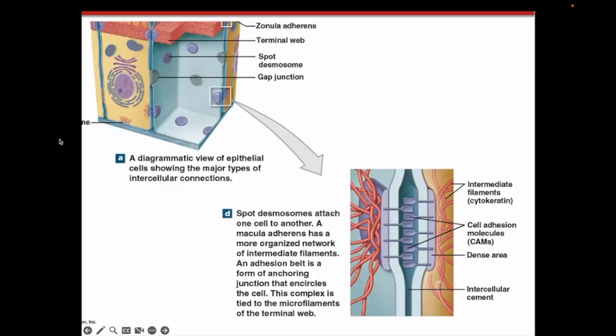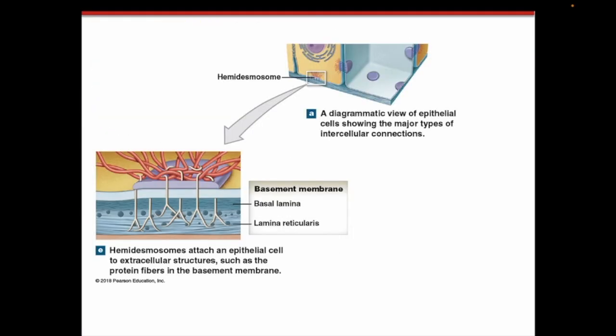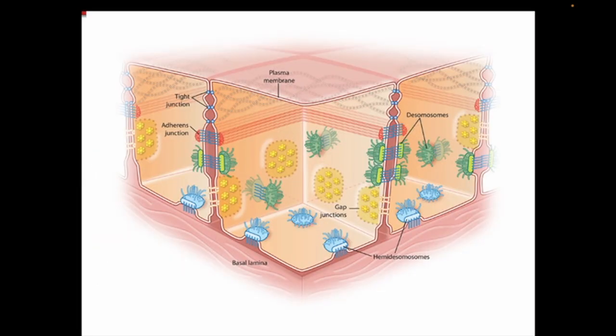And then there are the spot desmosomes and the hemidesmosomes. Pay attention because the hemidesmosome and the spot desmosome are in different locations, so you do need to know the locations. And this is just a summary, and I like to include pictures that go back to the bigger picture, to understand if you can identify them and create your own summary.